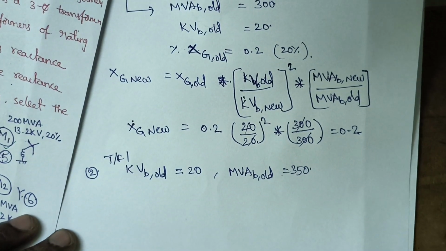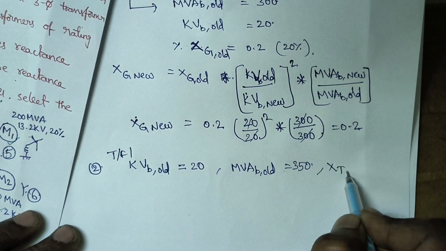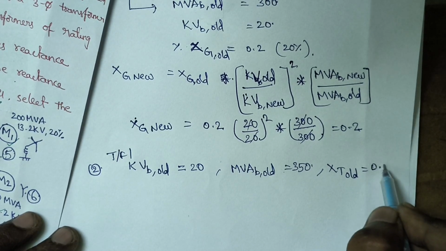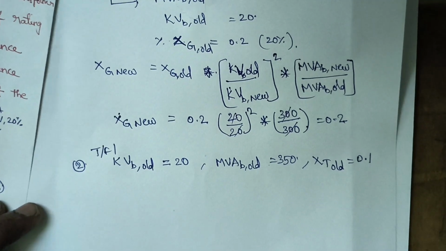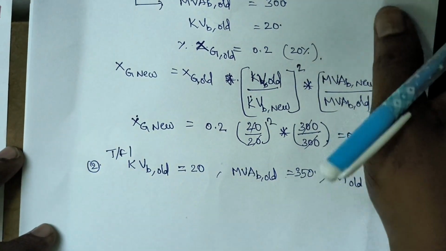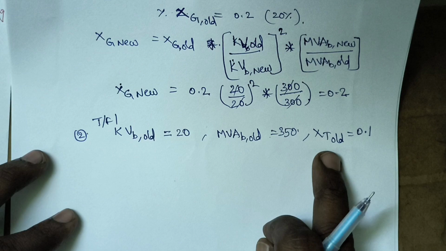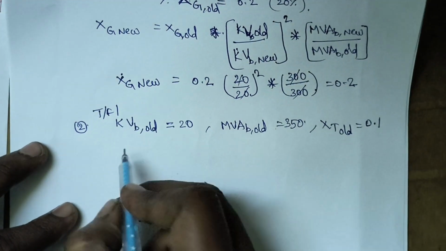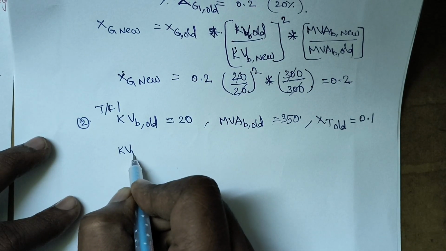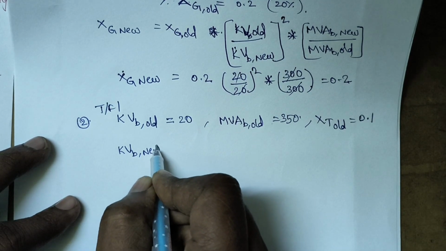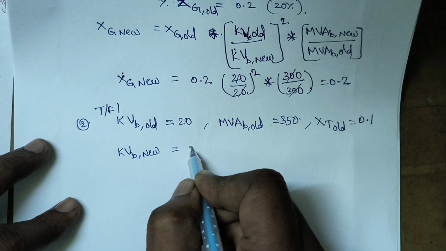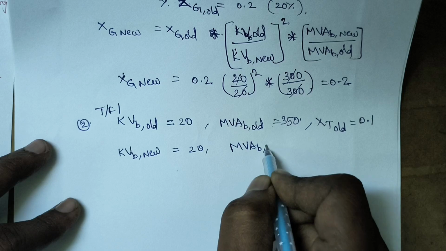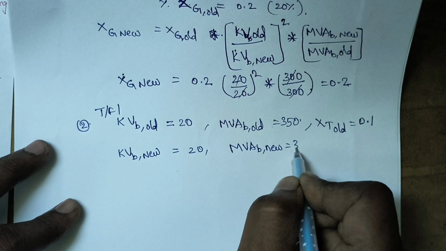Now XT old is equal to, he said 10%, in the sense 0.1. Now I am going to use the same formula. For these base values, I am taking the new base: kV base new is equal to 20 only, and MVA base new is equal to 300 only.